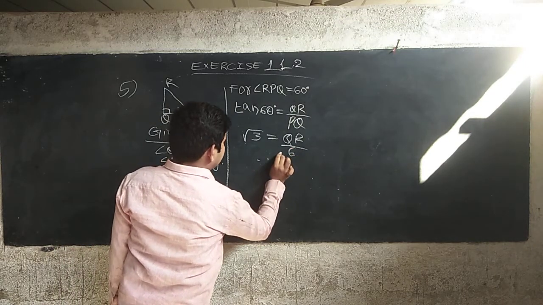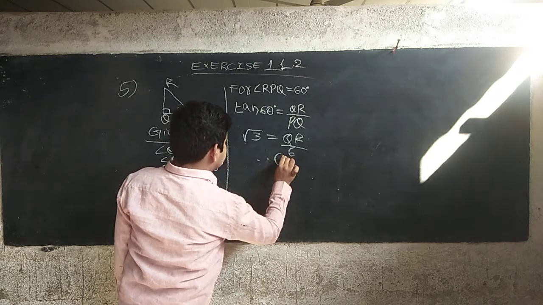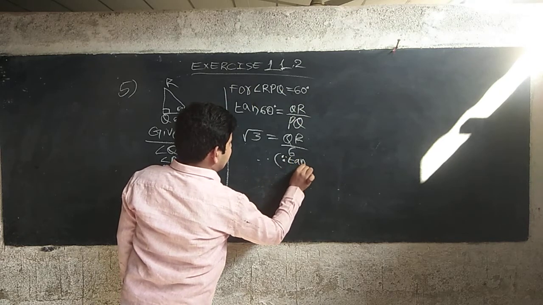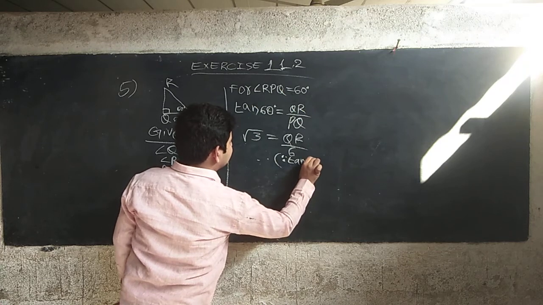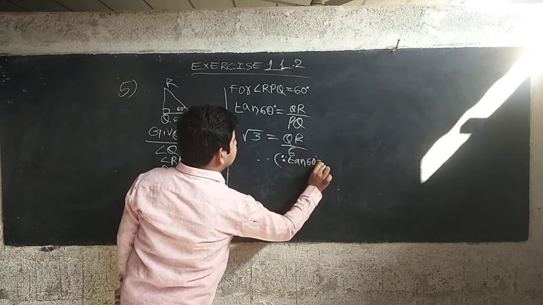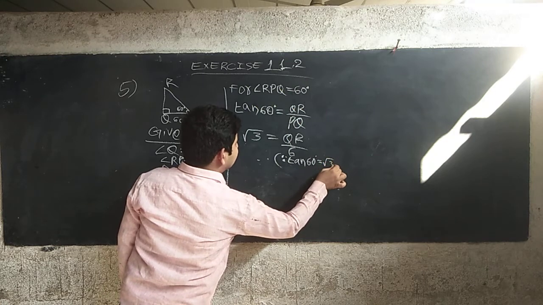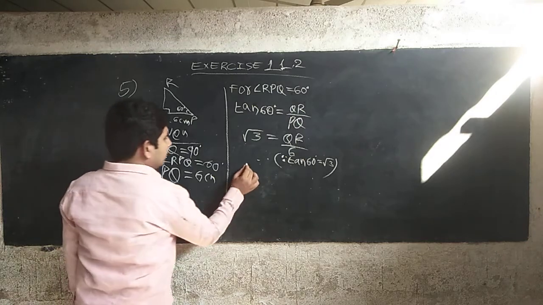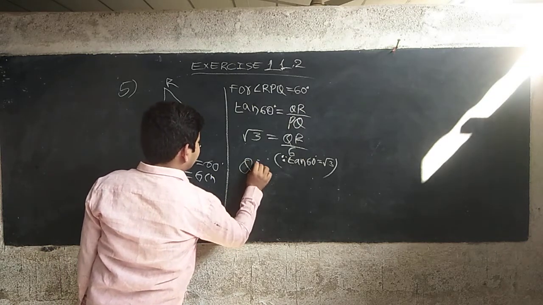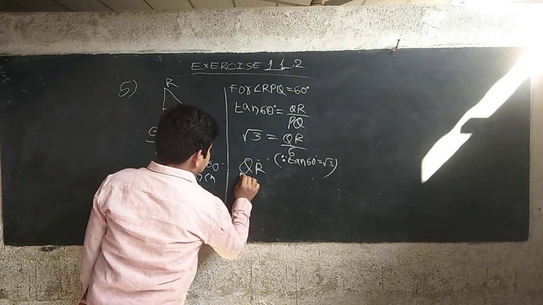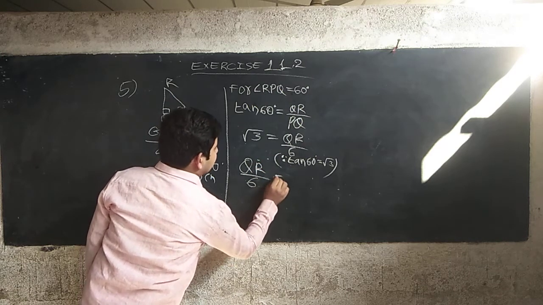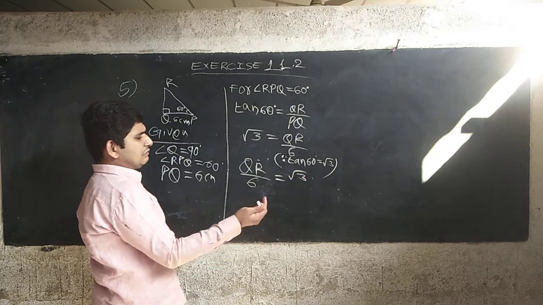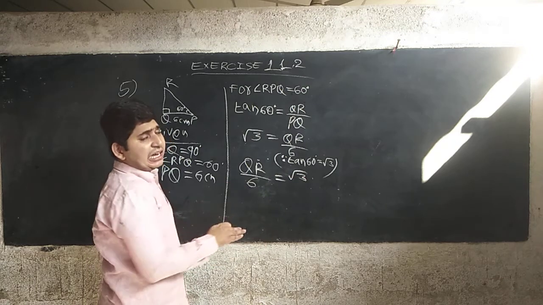Now here, since tan 60 degrees equal to root 3, QR by 6 equal to root 3. Always the unknown value should be on the left hand side of the equation.